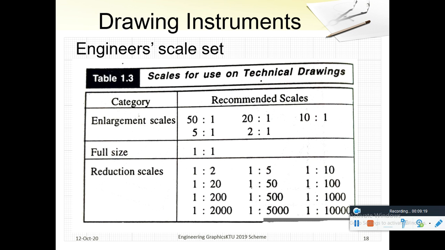This table shows the recommended standard scales for drawing. The full size, or 1:1, is the same scale we are all using now. In addition to this, reduction scales and enlargement scales are used.